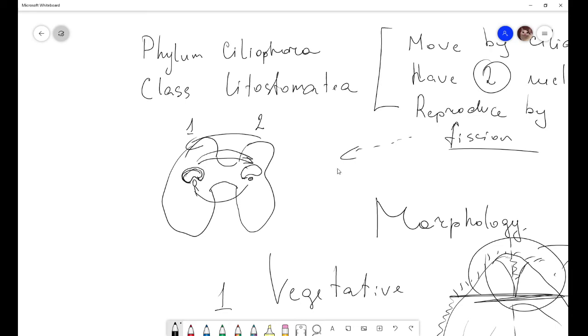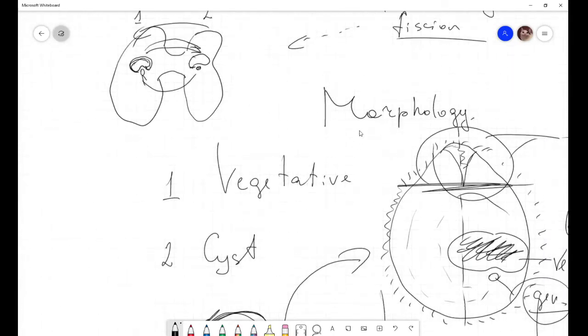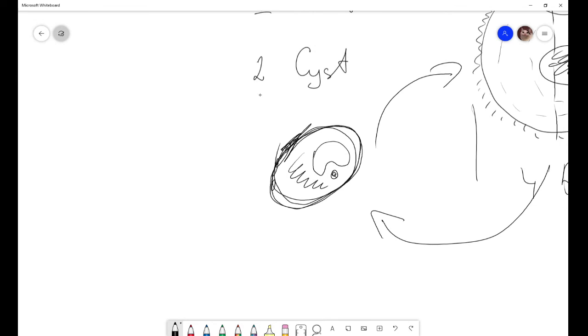And the last life form is the cyst. This is a cyst.